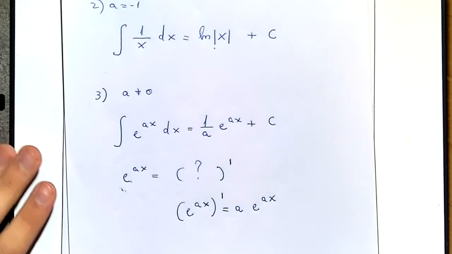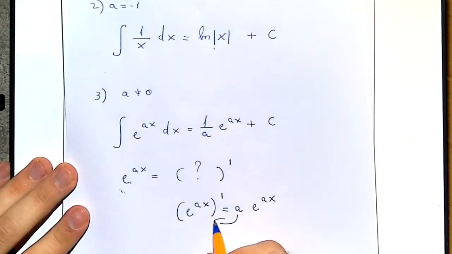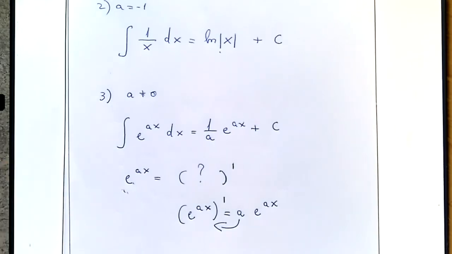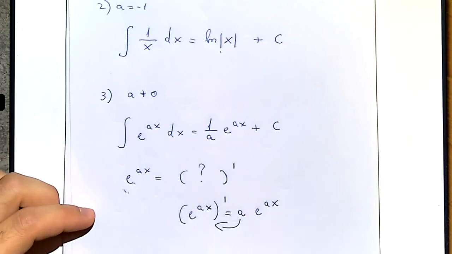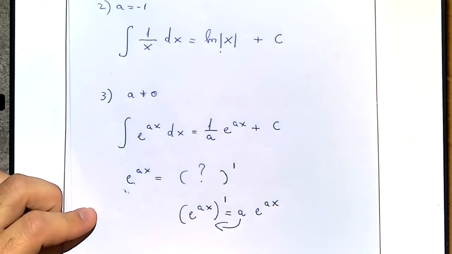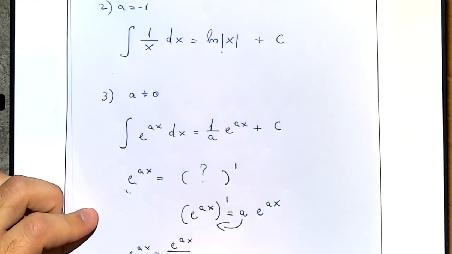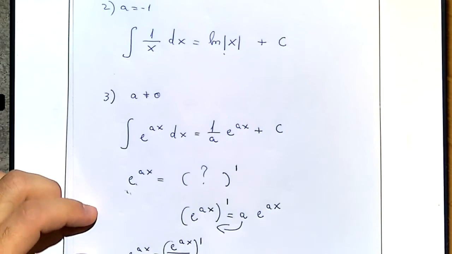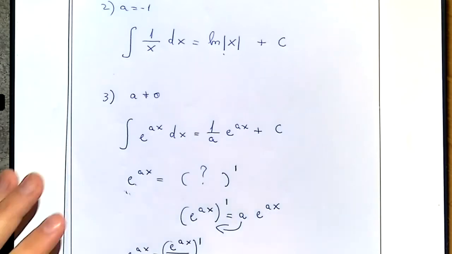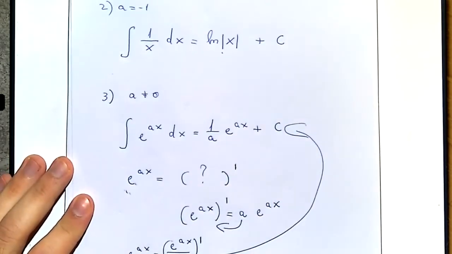Now, surprise, surprise, if I move a to the other side, which is a constant, I get that e^(ax) is equal to the derivative of e^(ax) over a. Hence the result over here.